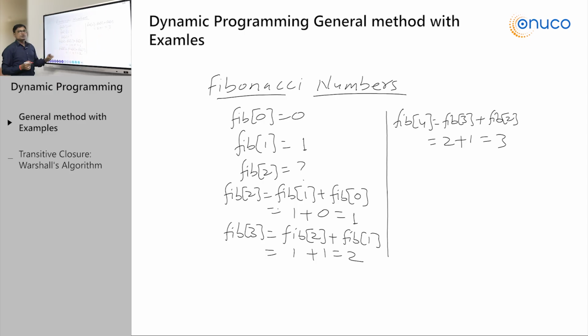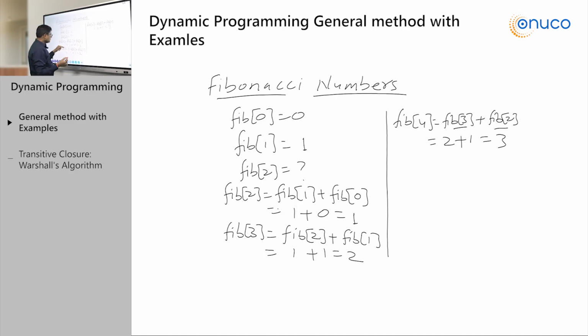Why I am showing this is, as mentioned in the definitions, we have solutions to all previous instances recorded in tabular form. So we already have Fibonacci of 2 as 1 and Fibonacci of 3 as 2. Hence, Fibonacci of 4 can be found with the help of 3 and 2. Suppose you don't have these values recorded.